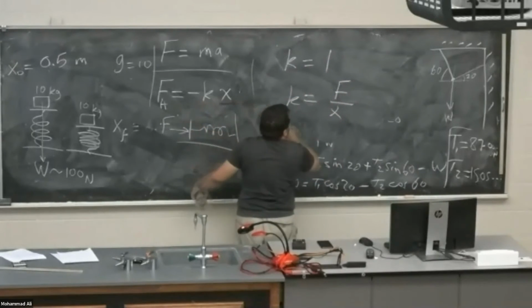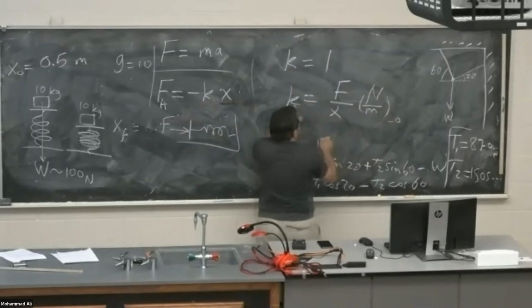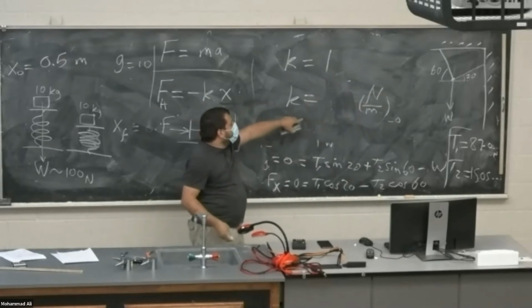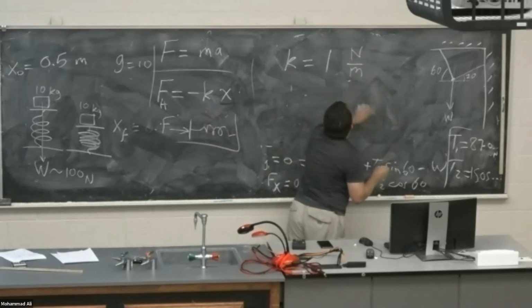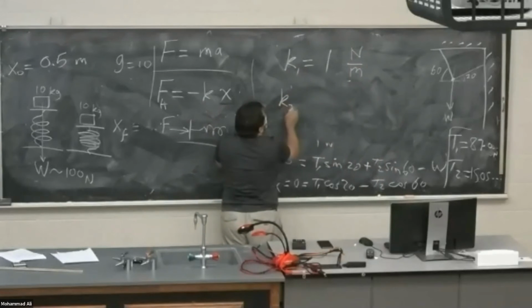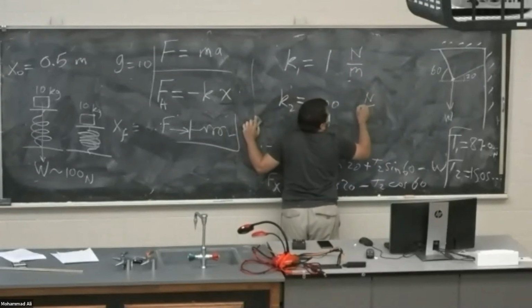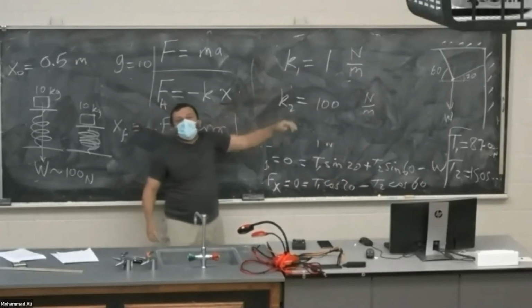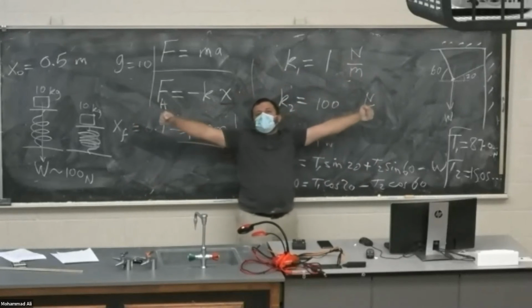F is in newtons, x is in meters, so the unit of k is newtons per meter. If k1 is 1 newton per meter, and I have another k2 that is 100 newtons per meter, the first spring, if I push it by 1 newton, I can expand it by a meter.